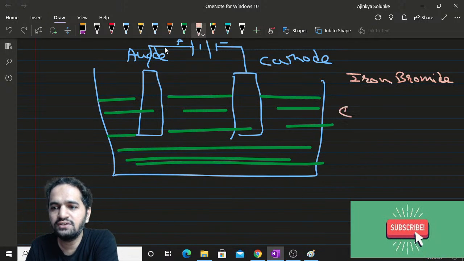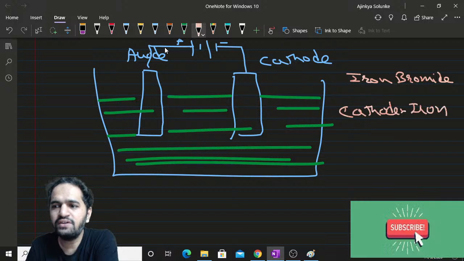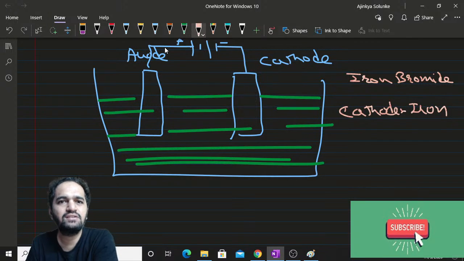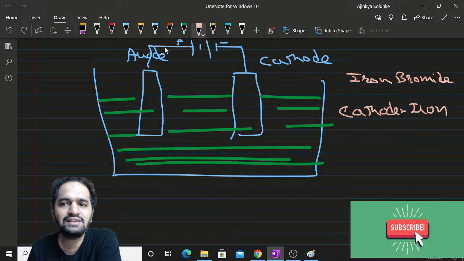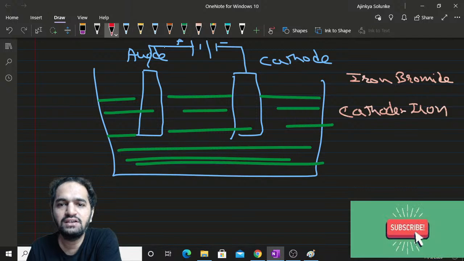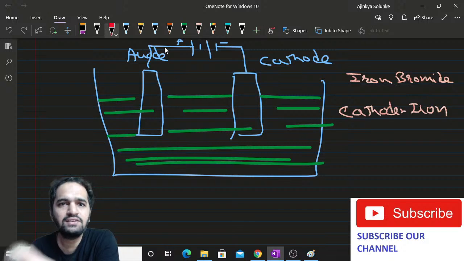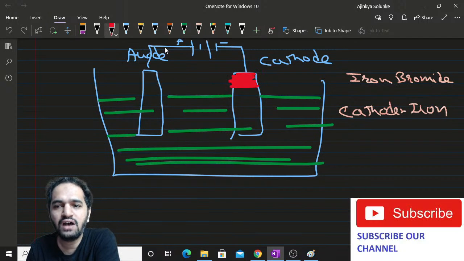Now can we talk about exactly what happens to that iron? We just said that the cathode is going to attract iron, but we have not said what is going to happen with it. Iron is going to deposit on the cathode, so whatever this electrode is made of, it is going to have a layer of iron.